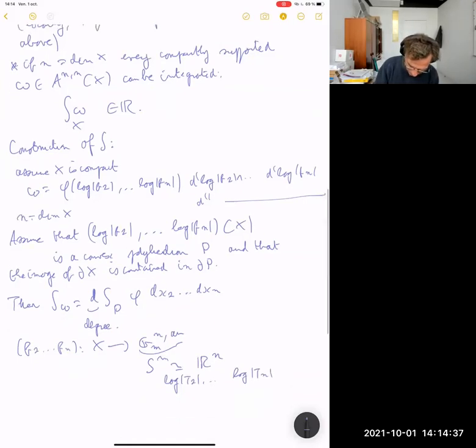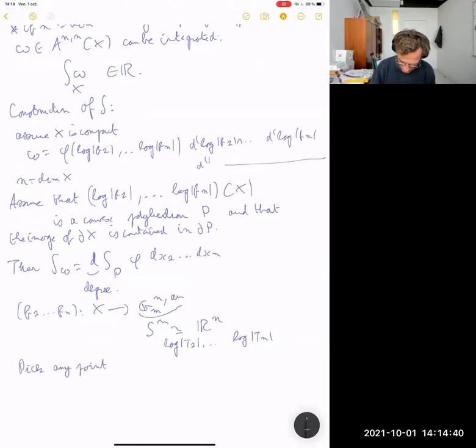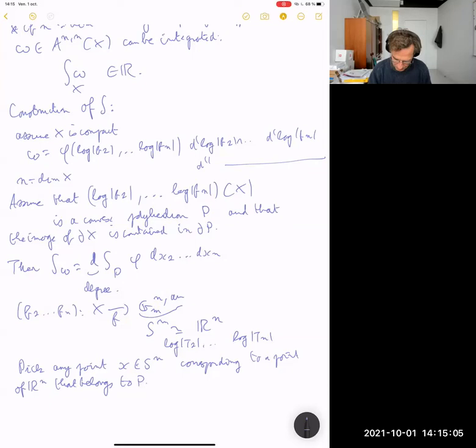And now pick any point. So this map, let me call it F simply. Any point small x in this skeleton corresponding to a point of R to the n that belongs to P. So P is this polyhedron, which is the image of the space X under the log of the norms of the f_i's.